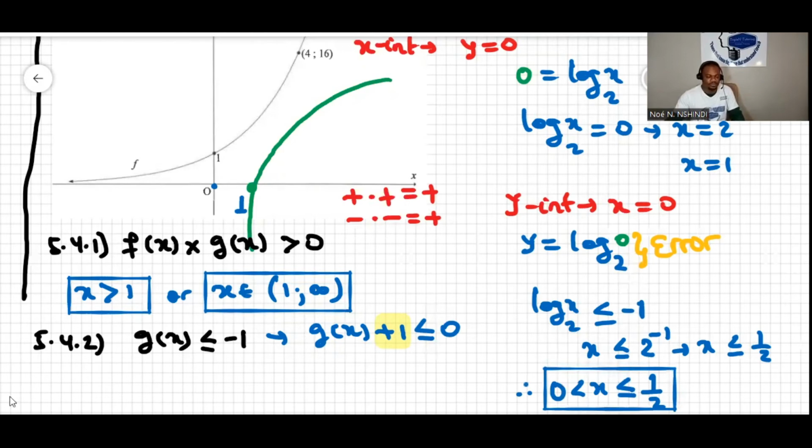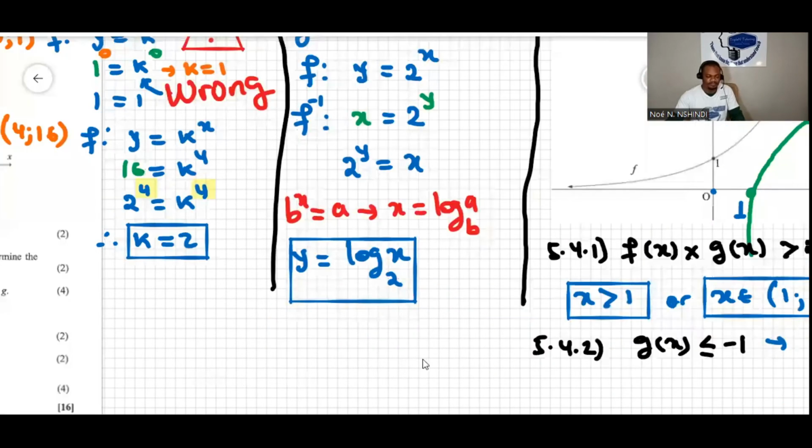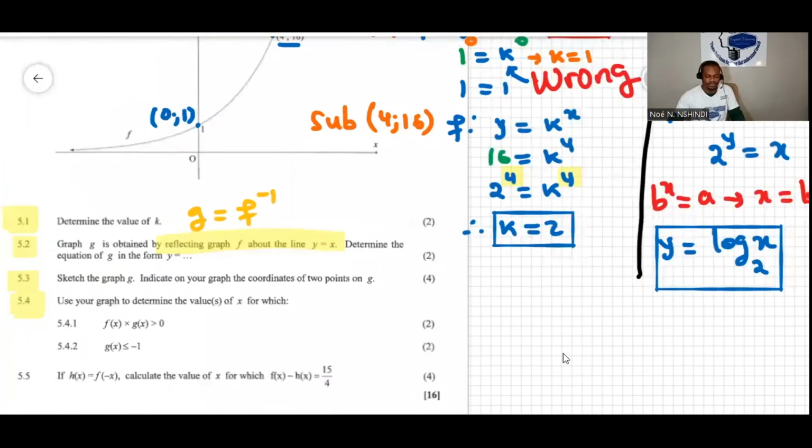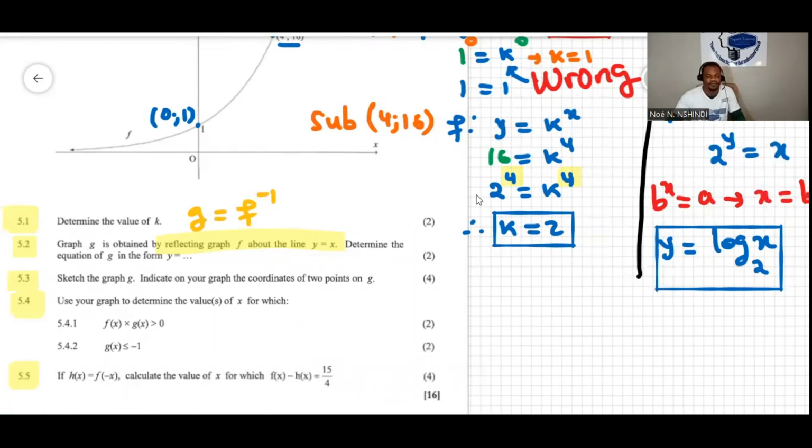Then the following question must be question 5.5. Let's see. Question 5.5 says, if h of x equals f of minus x, calculate the value of x for which f of x minus h of x equals 15/4.